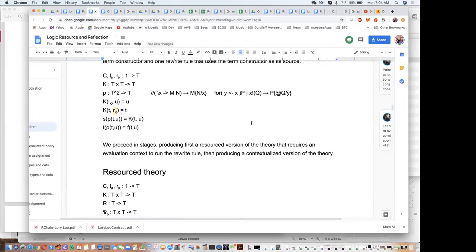So you've got a single rewrite rule, and the left-hand side of that rewrite rule has got to be a term constructor that's at least binary. So here's your term constructor, here's the source of your rewrite rule rho, and here's the target of the rewrite rule, which is going to be some function of the terms T and U. So K is some term constructor that's at least binary. And then we want at least one generator.